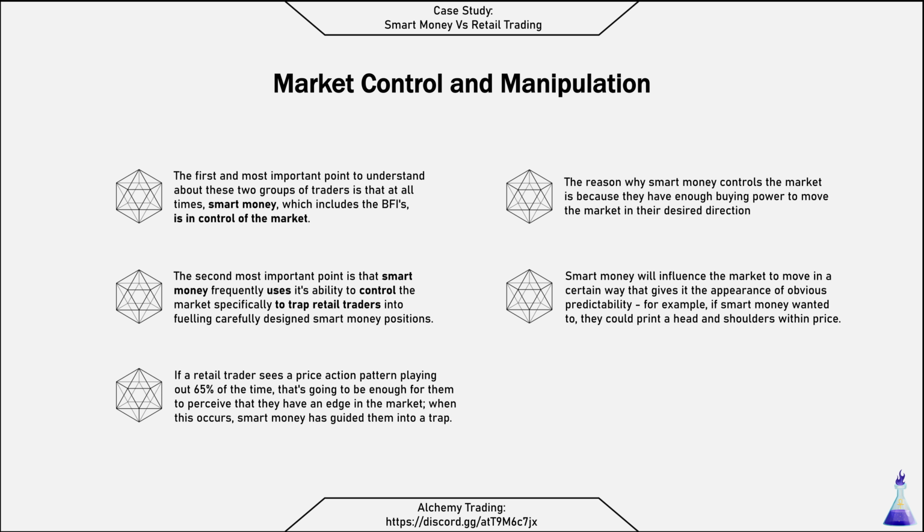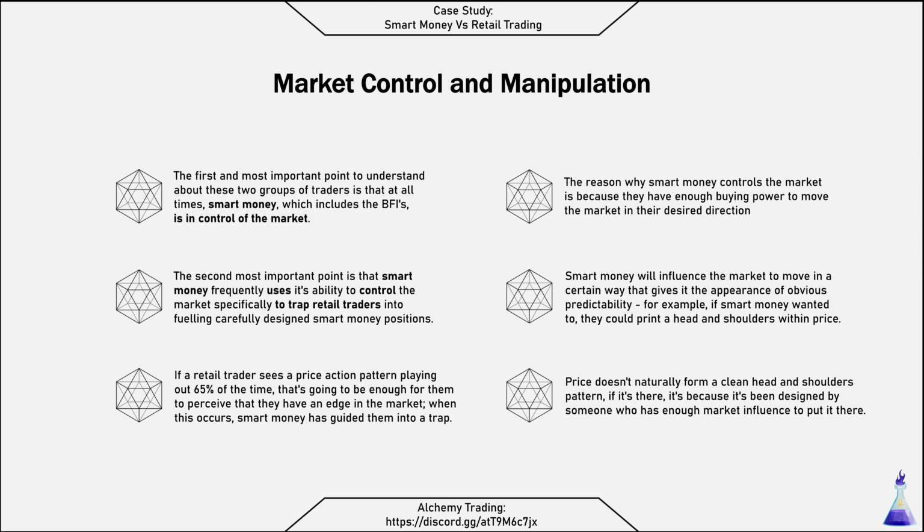You can verify that these patterns are being set up by smart money simply by analyzing this event from a highly logical perspective. Ask yourself the question, why is it that this pattern is present in the market? Price action doesn't just naturally form a head and shoulders pattern. If it's there, it's because it's been designed by someone who has enough market influence to put it there. So then, you follow up that conclusion with another question.